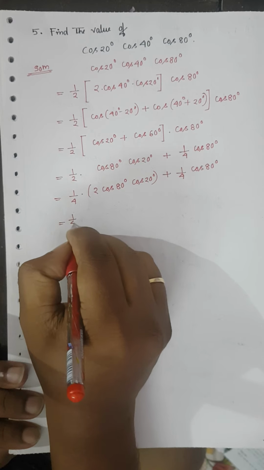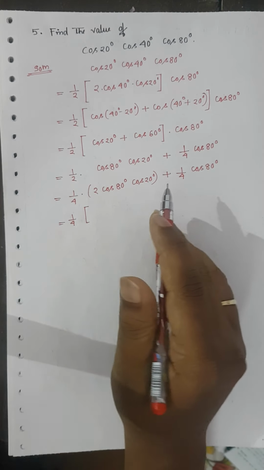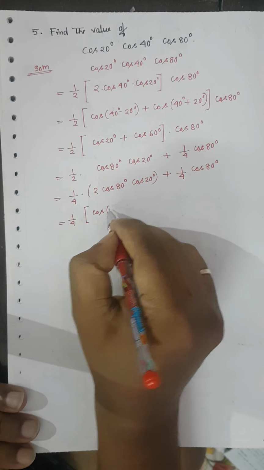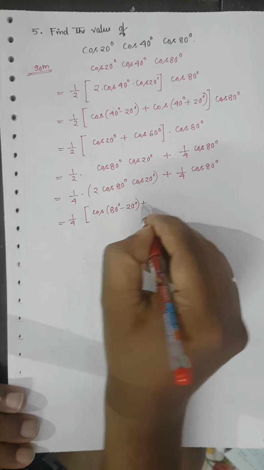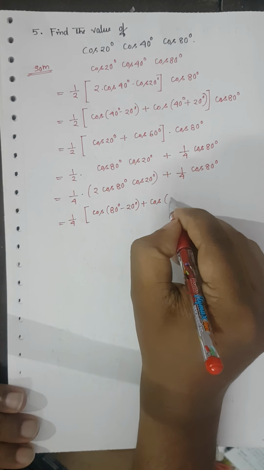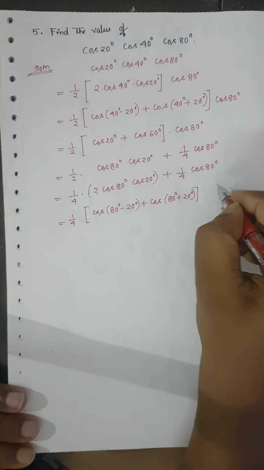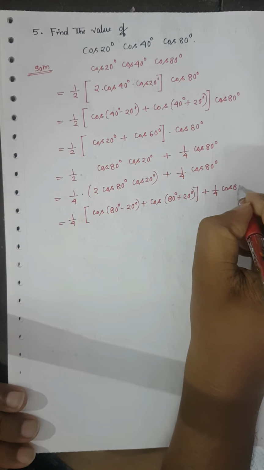This is 1/4 of the formula of twice cos A cos B, which is again cos(A minus B) plus cos(A plus B): cos(80 minus 20) plus cos(80 plus 20), plus 1/4 of cos 80 degrees.